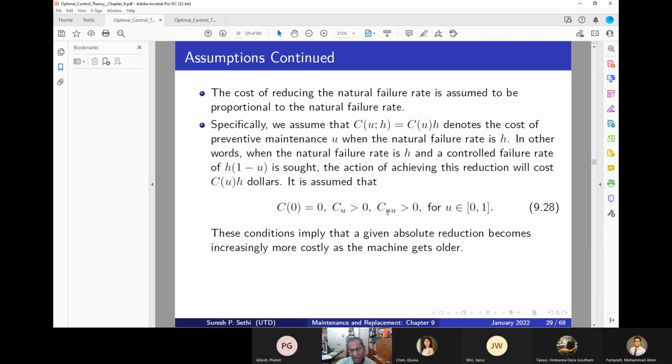You notice this control book is written for management schools and economics people, and it is not electrical engineering. Electrical engineering will not make all these remarks. They will basically say this and get done with it.